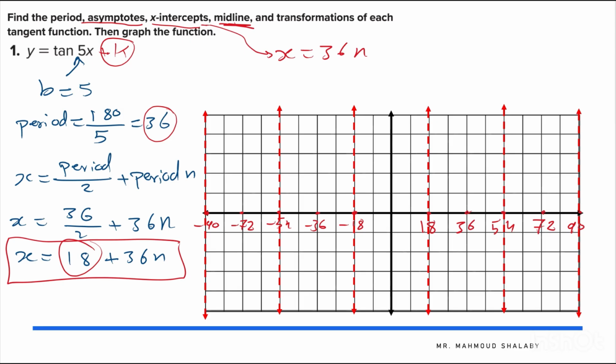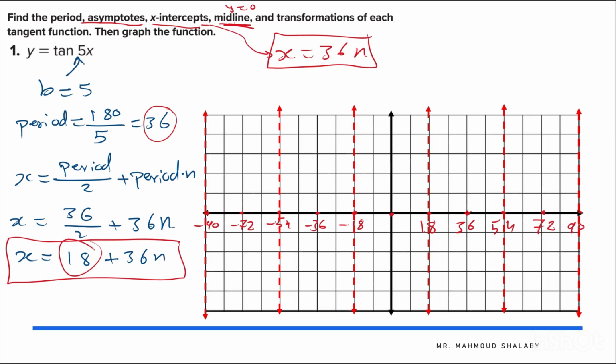If you remember, we don't have any change in h and k values, which means the graph is not moved up or down, so the midline is y equals 0. For example, if n equals 0, the answer will be 0, so this is the first x-intercept. If n equals 1, it will intersect at 36. n equals 2, it will be 72, and so on.